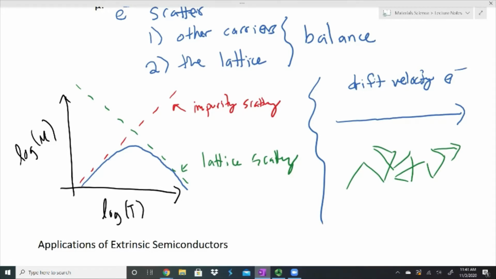But what we care about is how fast it basically goes from one end of the wire to the other end of the wire, and that's our drift velocity. In reality, it's bouncing around, it's scattering, it's speeding up, it's slowing down, it's doing a whole lot of things in the process, but our drift velocity basically is how fast our electrons are moving through our wire.